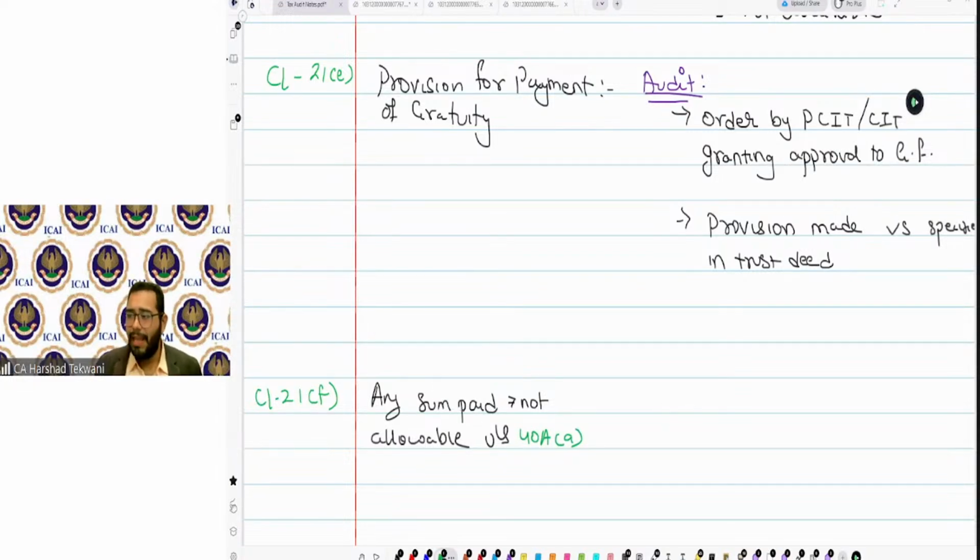Now what is that? That is payment made by an employer towards setting up or formation of or as a contribution to any fund, trust, company, association of persons, body of individuals, or other institutions, which is not allowable. Now, in this case, is any such sum being paid? If yes, then as a part of the audit, what are we required to do?